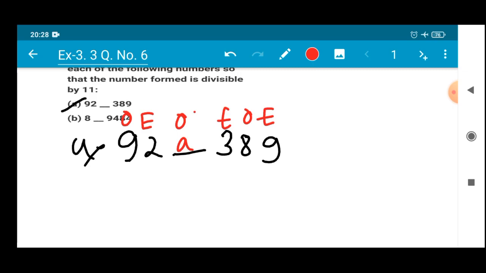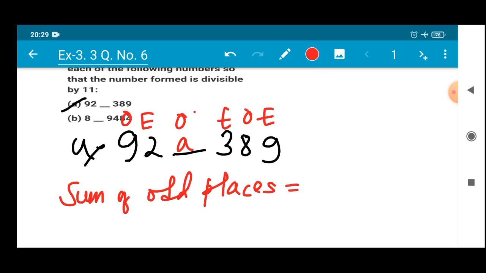All right, so in the divisibility rule of 11, what was the thing? We have to find the sum of the odd places first and the sum of the even places, then the difference should be calculated, right? So first of all let's find the sum of the odd places. What is the sum of the odd places? In the odd positions we have 9 plus a, then we have 8, right?